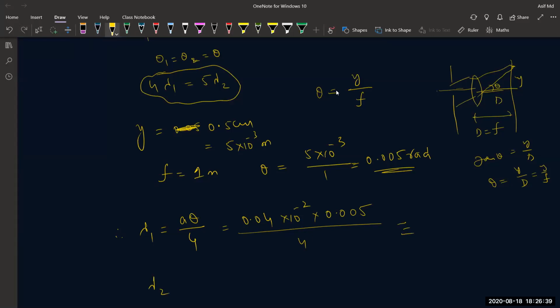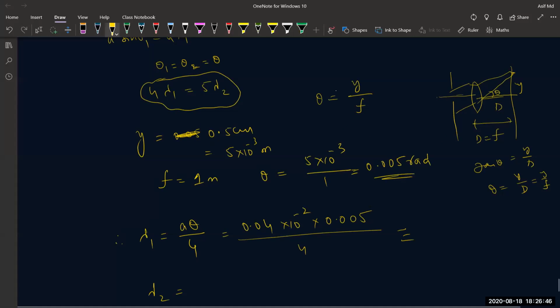Similarly, lambda 2. From that relation I can write lambda 2 as 4 times lambda 1 divided by 5. Lambda 1 I got already from the given relation. So it is 4 by 5 into lambda 1.